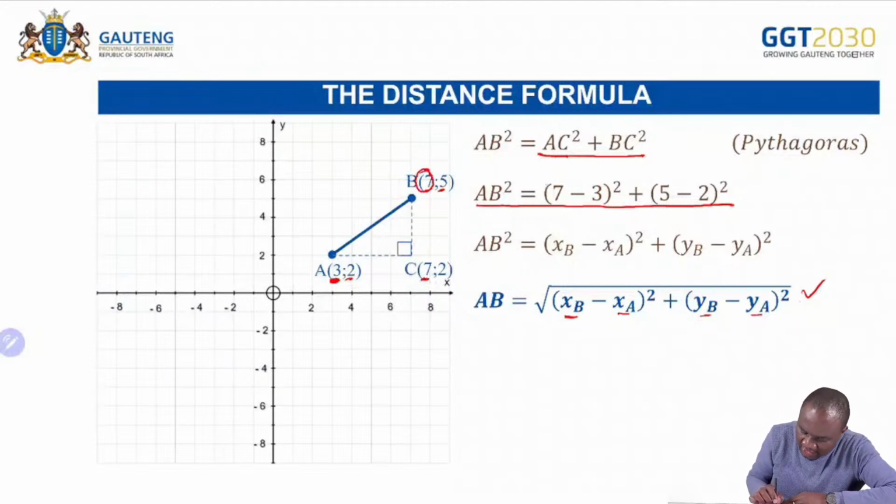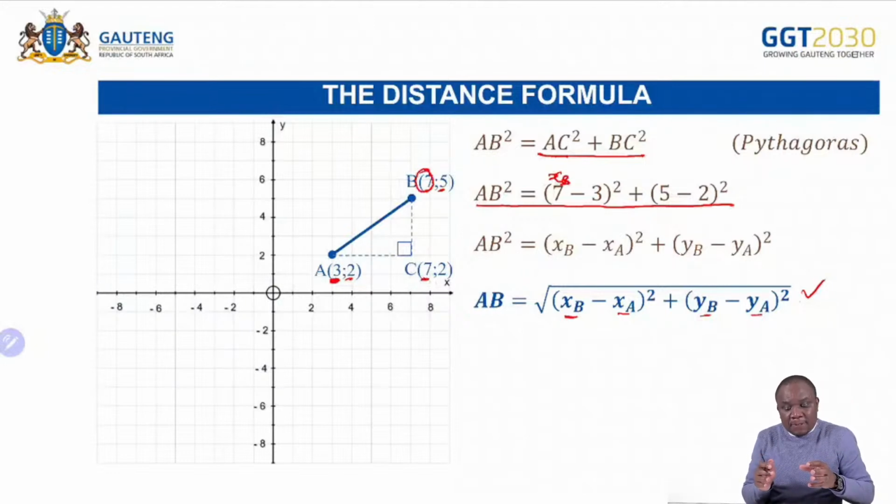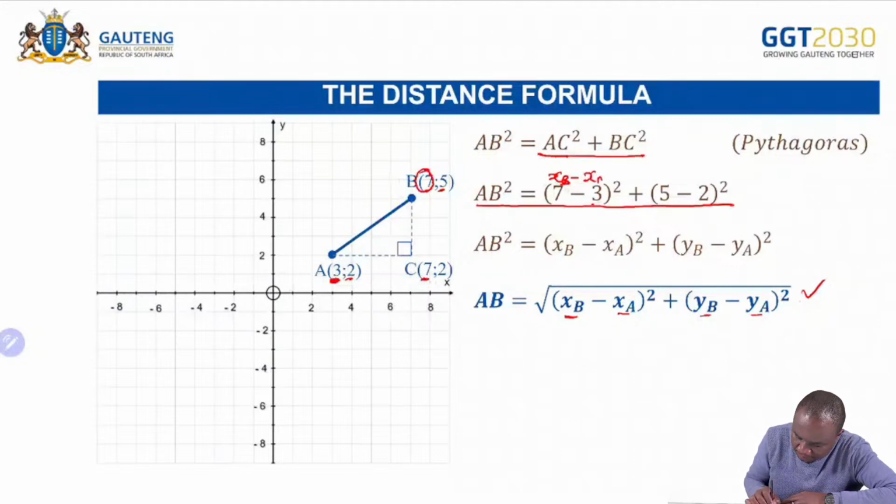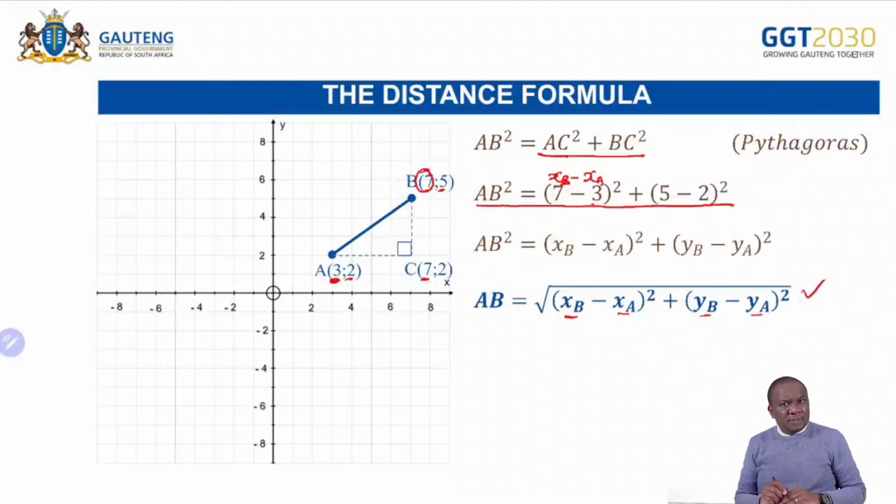So that's why here we have the x coordinate of B instead of the x coordinate of C, because they are just the same. So that's why we have XB minus XA, which is 3. So the distance formula comes from the Pythagoras theorem.